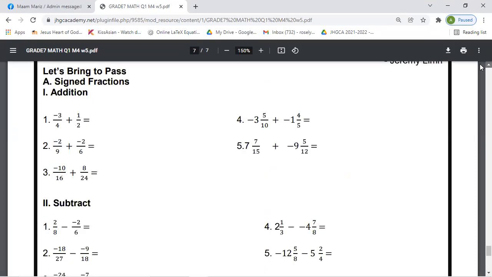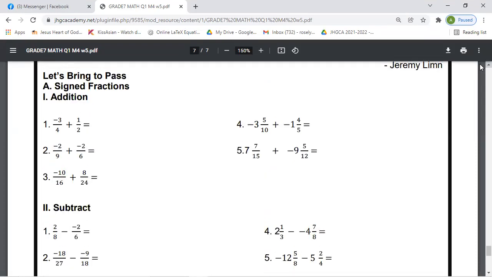Just answer the sign of fractions, multiplication, addition, and subtraction. You can upload or write your final answer in your Moodle. And by the way, you can also upload your solution in Moodle. That's all and thank you, grade 7.